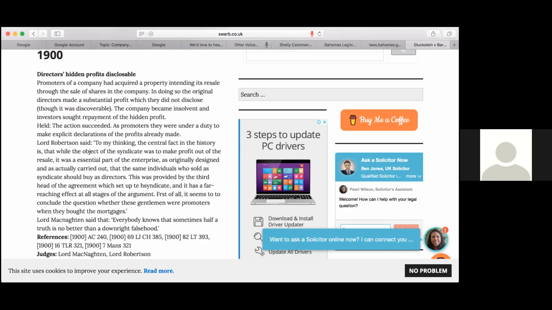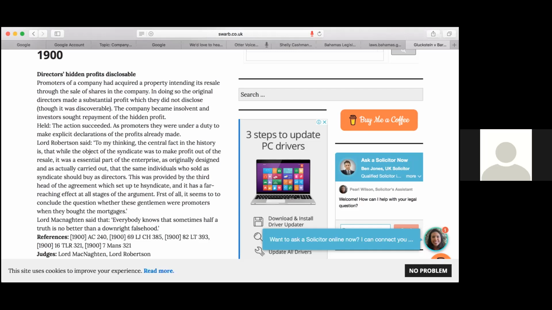So think about it. Here he is, he owned a piece of property and now he wants to sell it to the company. And he's a promoter. He has to disclose his interests. Because if he doesn't, the company can rescind the contract. Or they could keep the property and then ask the court for damages.